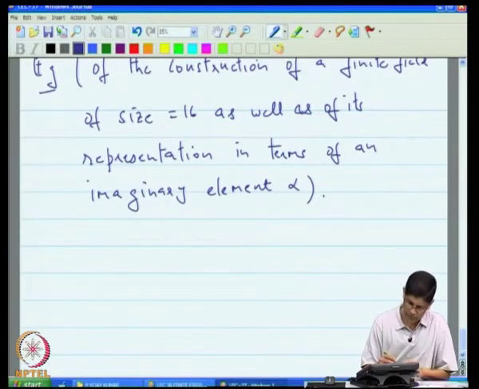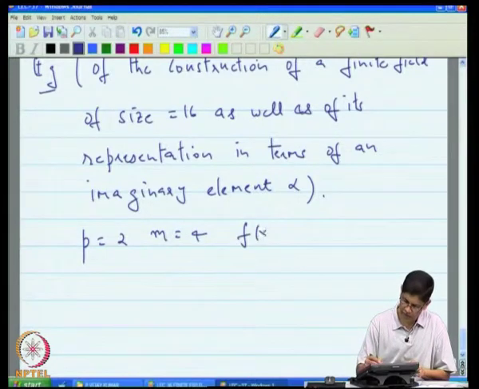So here p is equal to 2, m is equal to 4, f of x is x^4 plus x plus 1.